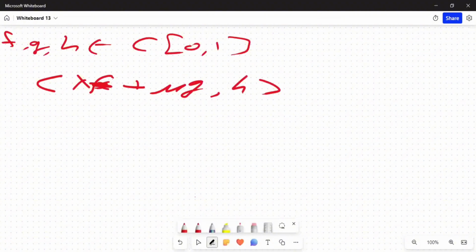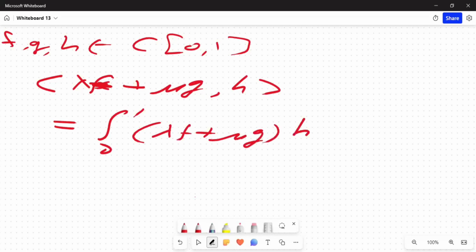By definition of that inner product, this will be the integral from 0 to 1 of lambda f plus mu g, h of t dt. Is it not? Yes, sir, that's the way it's defined.